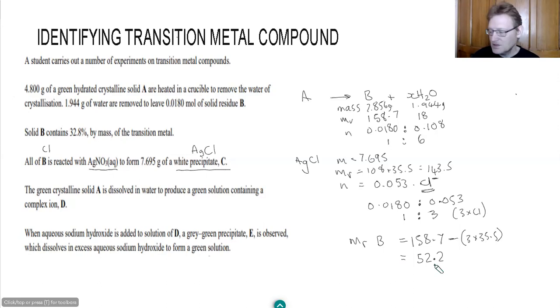And that's our transition metal, which if we're looking at the periodic table, looking at a transition metal with Mr of around about 52, that would be chromium. So our formula for B is CrCl3.